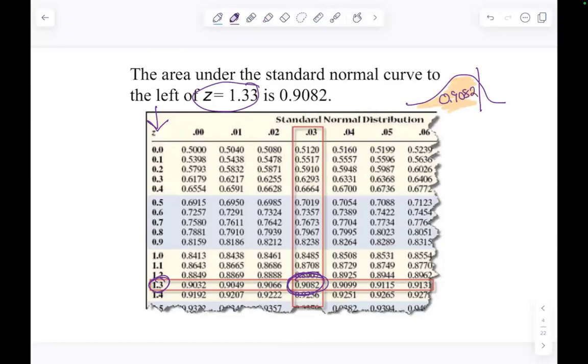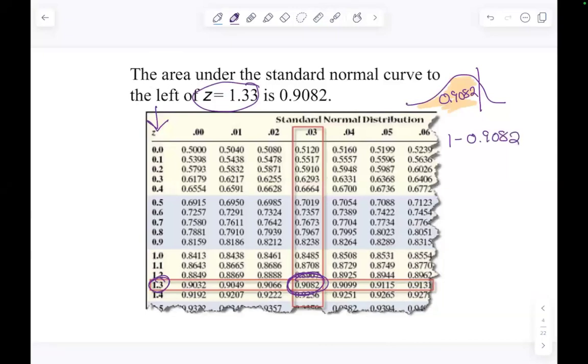So the area to the left of the number is what is showing on our z-table. If I wanted the area to the right of it, the probability that I would find somebody with an IQ higher than 120, so the probability of somebody getting a z-score higher than 1.33, I would do 1 minus.